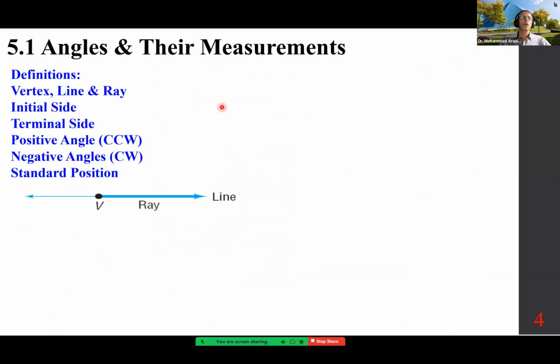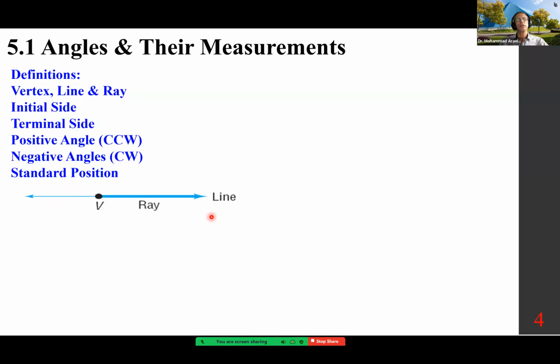Now, we are going to look at some definitions such as vertex, line, ray, initial side, terminal side, positive angle, CCW, counterclockwise, negative angles, CW, clockwise. My apologies, clockwise. Standard position, okay?